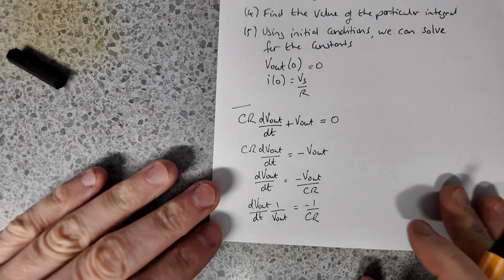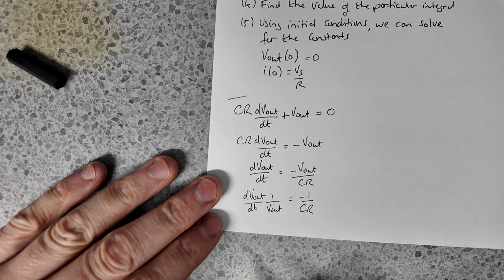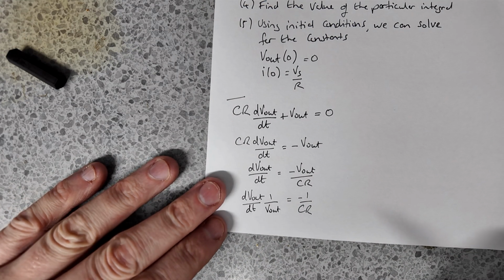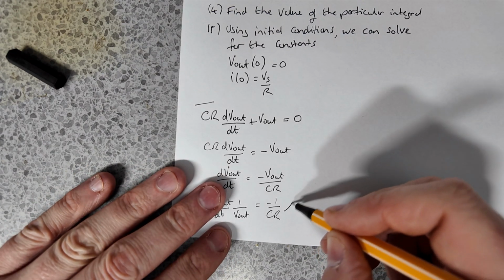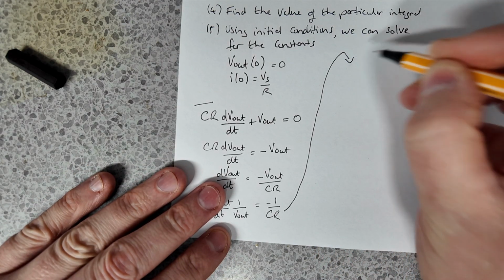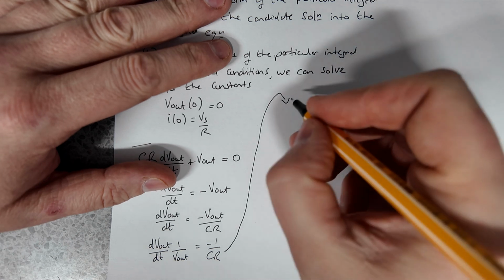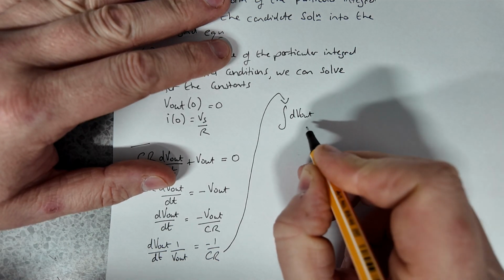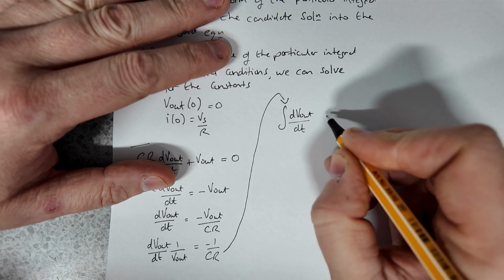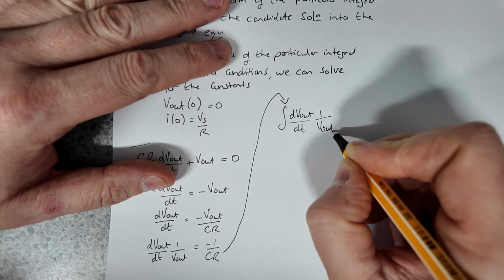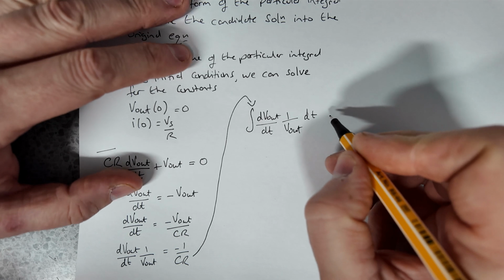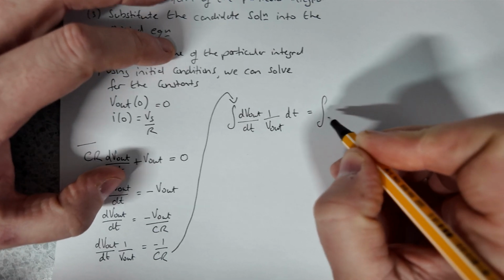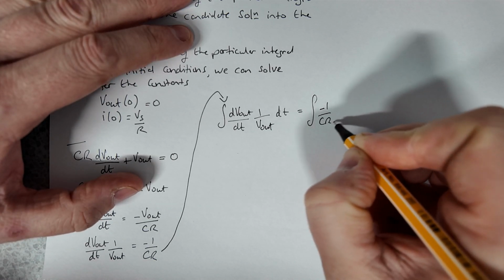Right, so now we can integrate both sides with respect to t. So if we integrate 1 over V out dV out by dt, it is equal to the integral of minus 1 over CR dt.